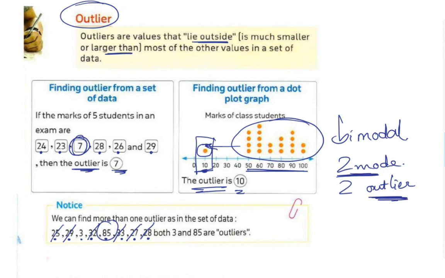There is a big gap between 20 and 30 and 85. Also we have just 3. So these values 3 and 85 are called outliers. So this group of values has two outliers, 3 and 85.